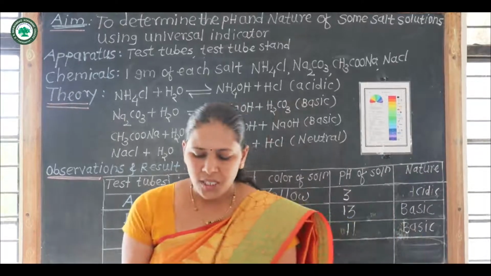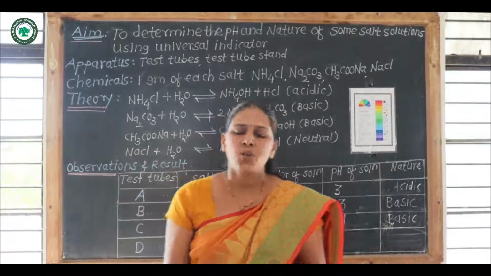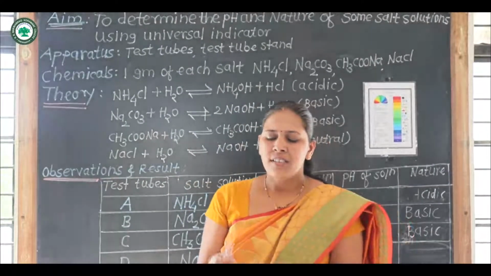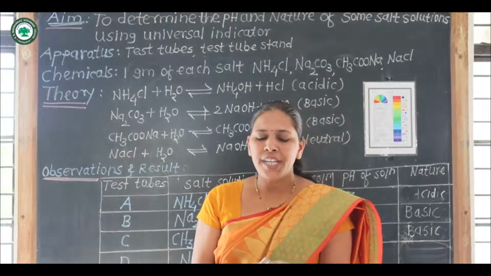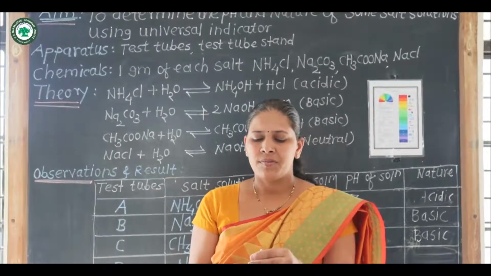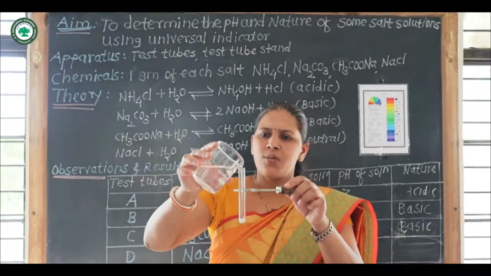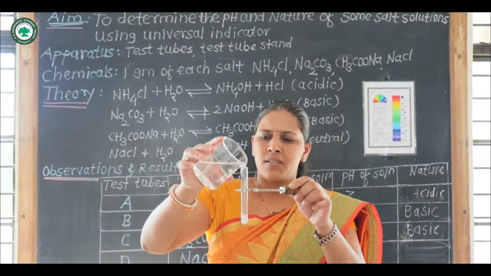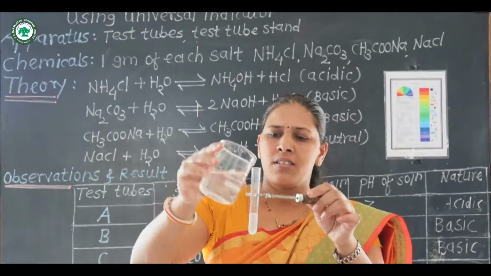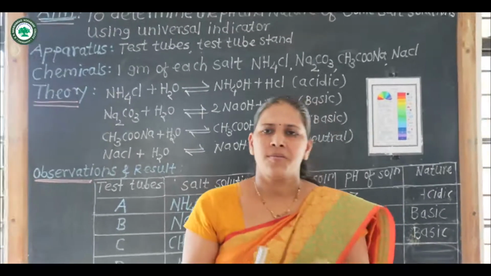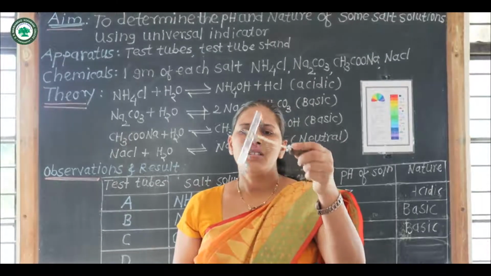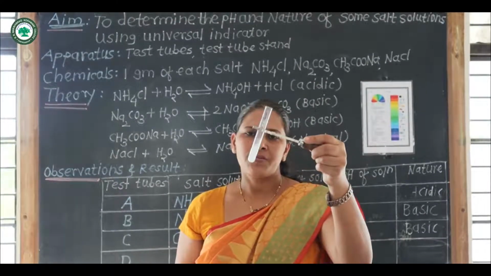Then the fourth salt, that is sodium chloride, taken in test tube D. Add a little amount of distilled water to dissolve this salt. Stir the salt solution.